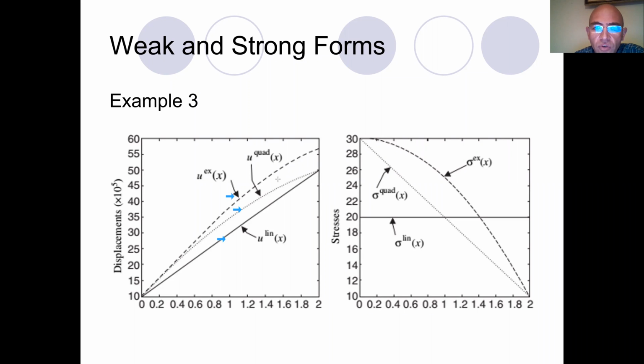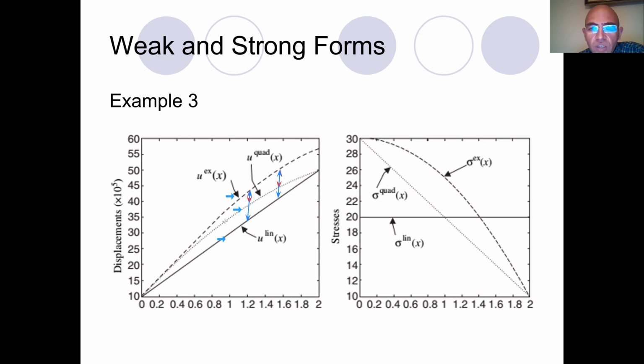As you see here, for example, this is the error. Here, for example, this is the error. Whereas for the linear case, the error is much larger. And certainly, of course, at the prescribed displacement, the error is 0 on the boundaries.